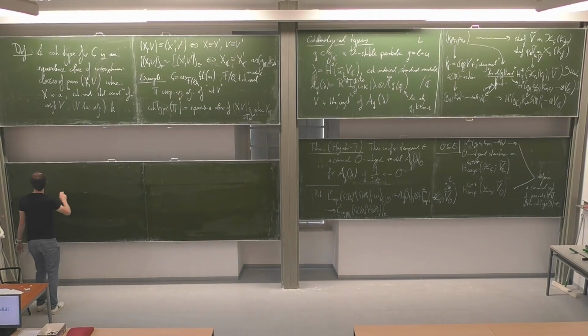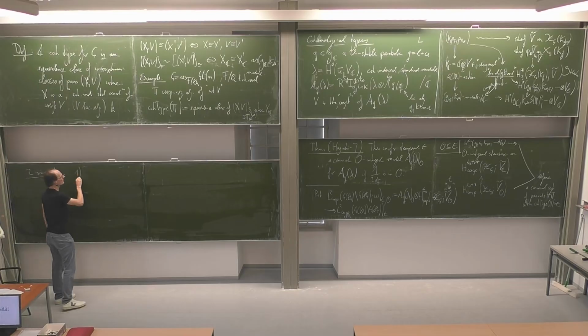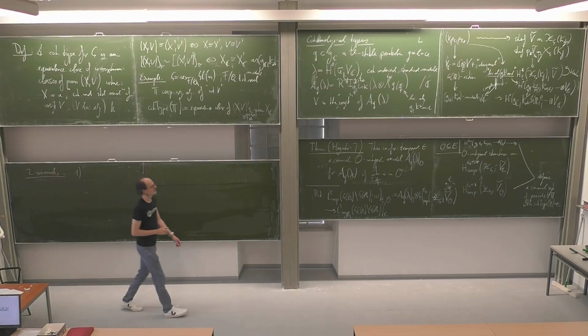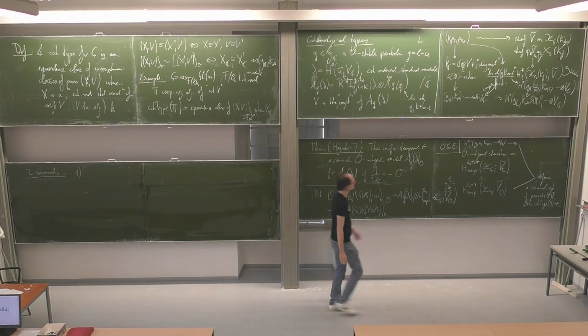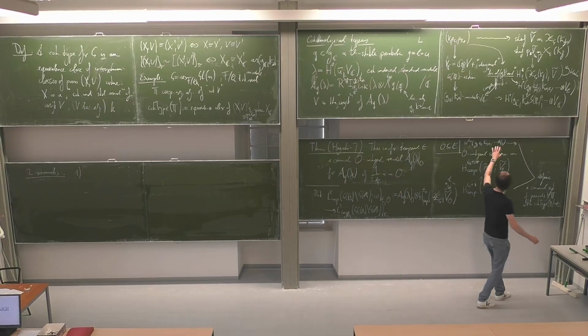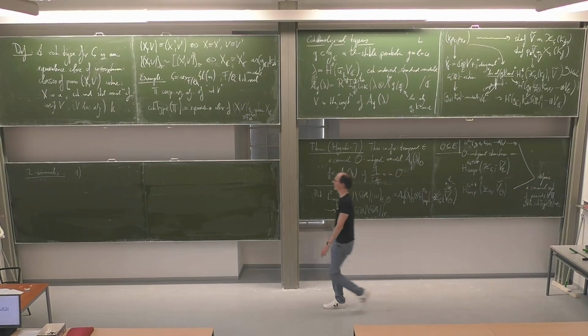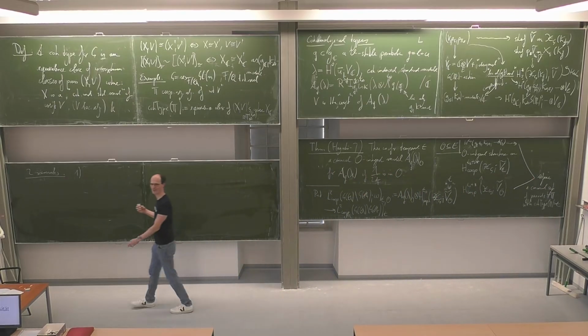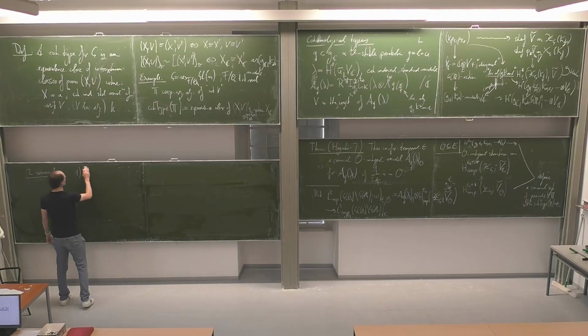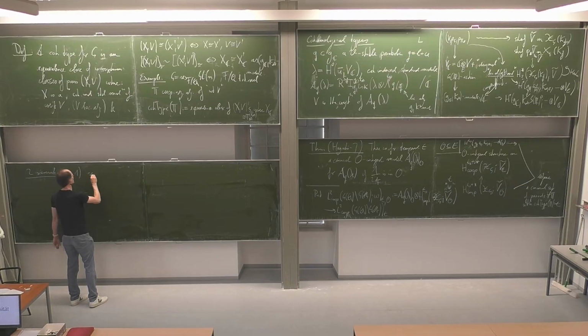So I make two remarks. One is that if you do this rationally, I can show in certain cases unconditionally, in other cases it's conditional. And using Binyong's work, I can make it actually unconditional in many cases. It is related to special values of L functions, so special L values.